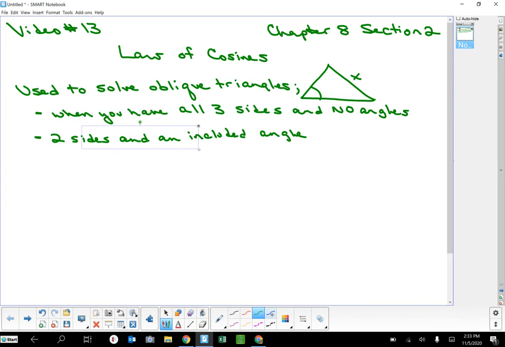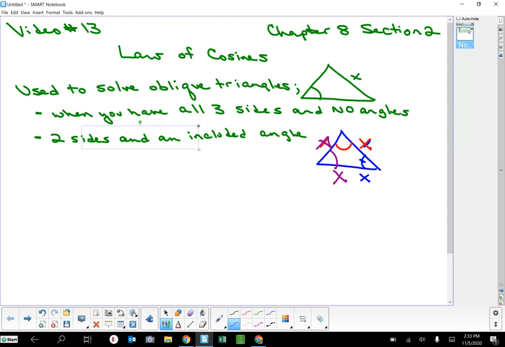And what that means in a picture, if I have a triangle and I have two sides and the angle that's in between them, that means an included angle. Okay, so that's an example of that. That's how that would kind of be.